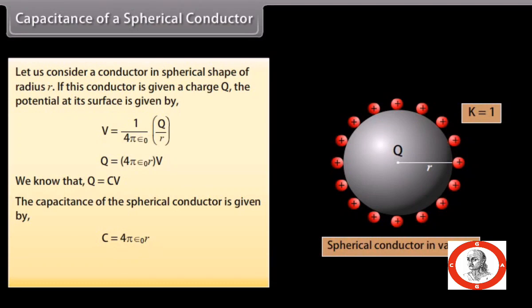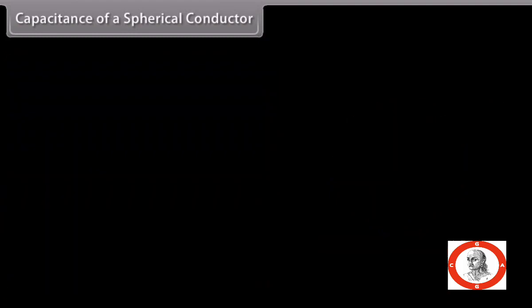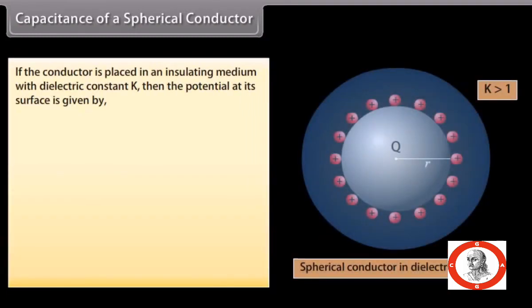not r. This relation shows that the capacitance of a spherical conductor is directly proportional to its radius. Larger is the radius, larger will be its capacitance. This expression is true for the conductor placed in air or vacuum. If the conductor is placed in an insulating medium with dielectric constant K, then the potential at its surface is given by V is equal to 1 upon 4 pi epsilon not K multiplied by Q upon r.